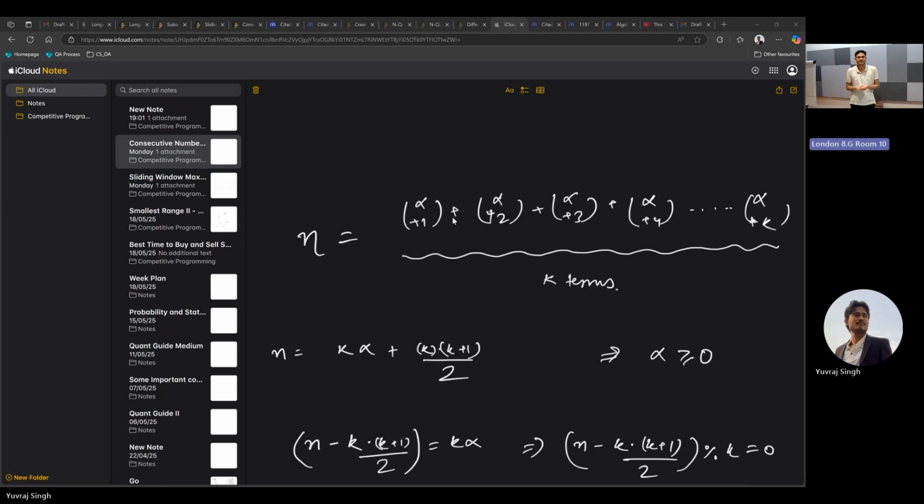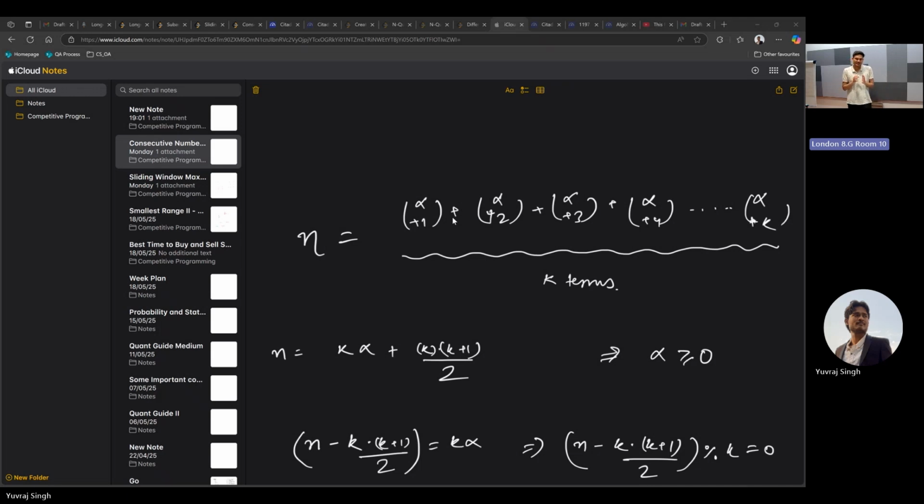In that case, n can be written as alpha plus 1, alpha plus 2, alpha plus 3, alpha plus 4, up till alpha plus k. So these are k terms.